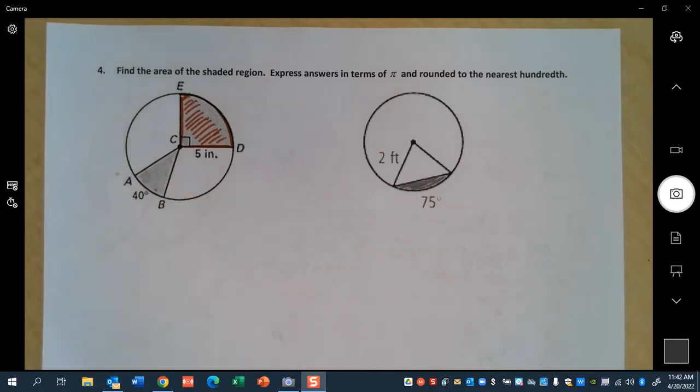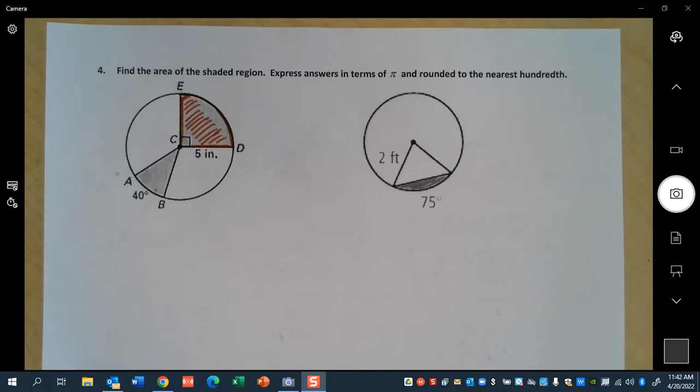Would you divide your group mates and your new partners? And remember, partners go this way. So Gabby and Lila are going to, the partner on the door side of the room, you're going to find this sector area. The partnership on the window side of the room, you're going to find this sector area.